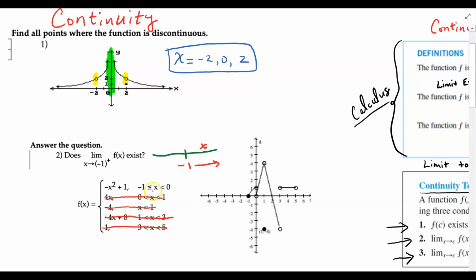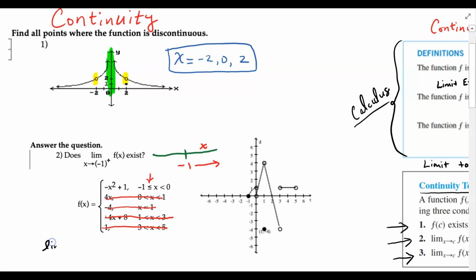Is -1 between -1 and 0? For sure, especially because it has a less than or equal to. The equal to means that we include it. It is inclusive. So what I'm going to do to figure this out is plug it in.